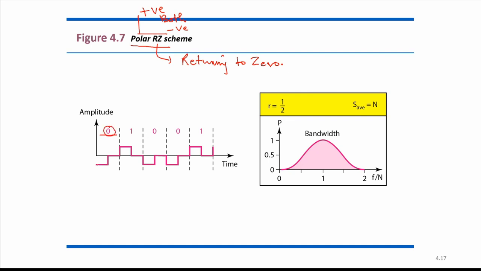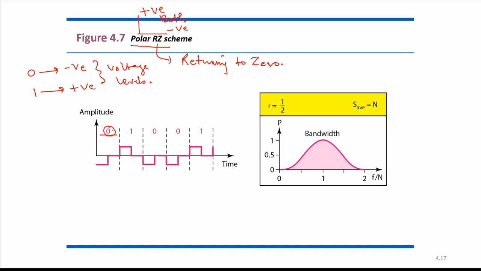It will go for half of the cycle negative, then return to 0, then again go on with respect to the next signal. Here 0 is represented by negative and 1 is represented by positive voltage level.